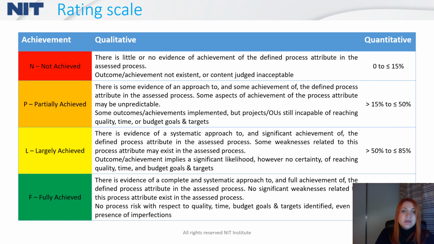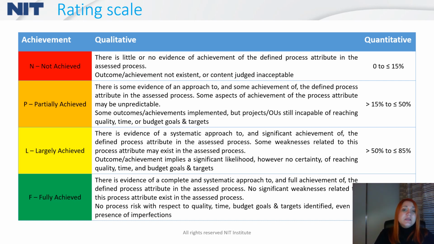For achieving some rating of the process, you need to have the attributes achieved by some percentage, which is described here. There are four scores which you can have in the rating. The rating scale says that you're not achieving your process attribute if you're somewhere around 0 to 15%.